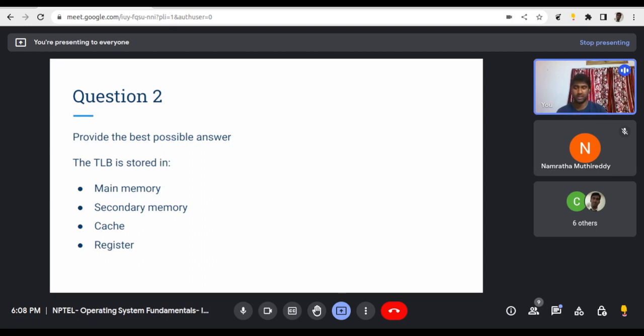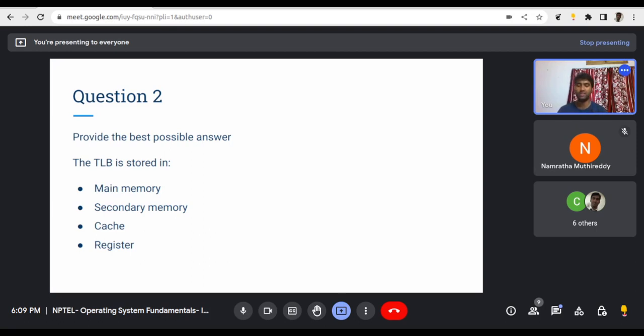So in order to speed up the process, the frequently accessed entries from the page table will be mapped in a small part of the cache, which is called the translation look aside buffer.